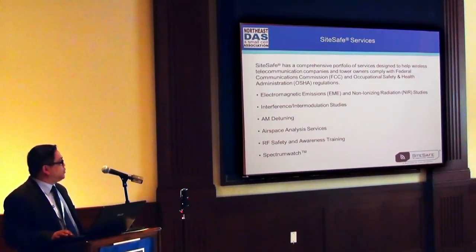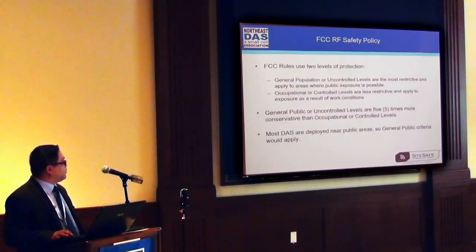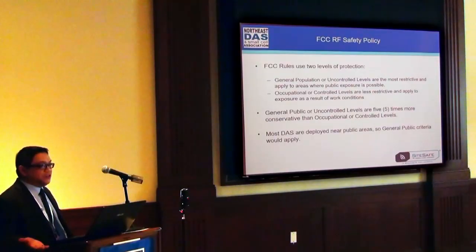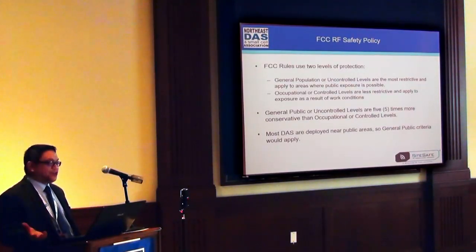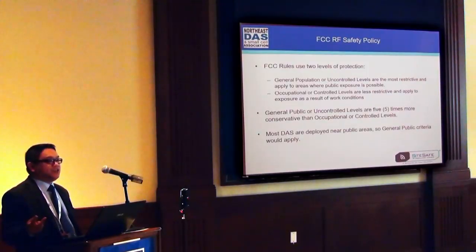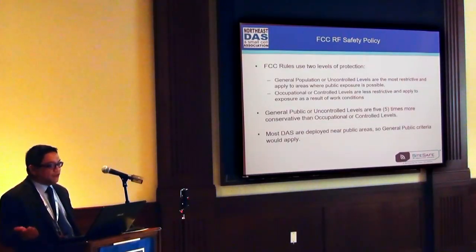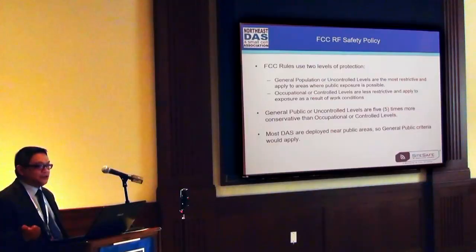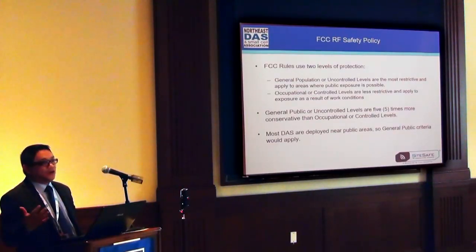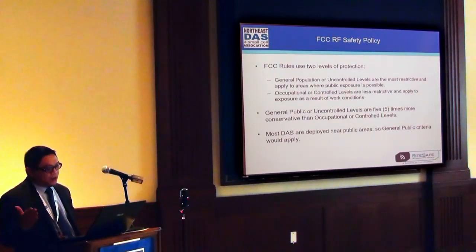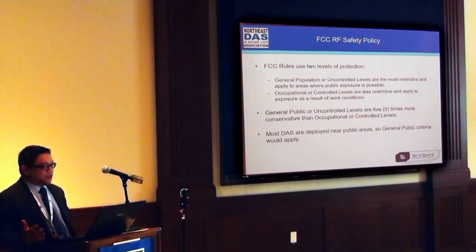Now, before I go into my main talk, I would like to look at what the FCC regulations are in terms of EME. There are two levels that the FCC has regulated. One is general population, which is the uncontrolled level. They want to make sure that the levels of RF radiation within the general public comply with FCC regulations.